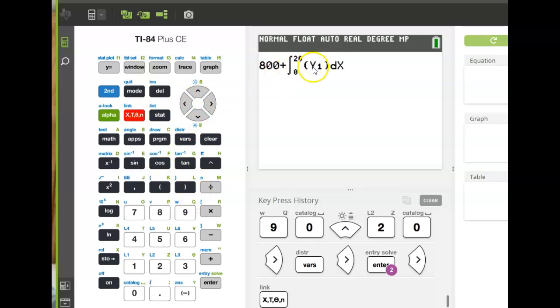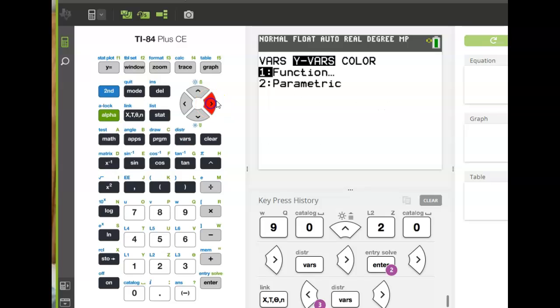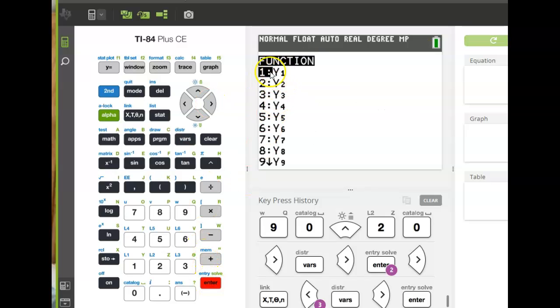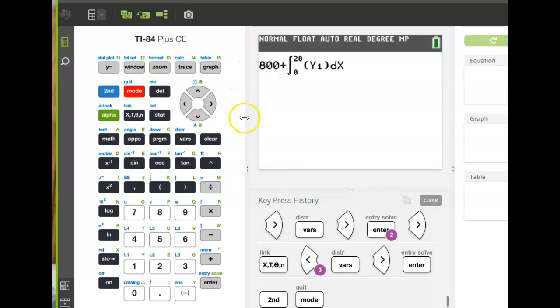Okay, that step again to get this part in here is hit vars, scroll over to y vars, and function. And that will get exactly what you plugged into y1. So anytime you want to use y1, we can just keep plugging it in there. Okay, and then hit enter. And that will take the accumulated amount of the rate from 0 to 20 plus the original 800.